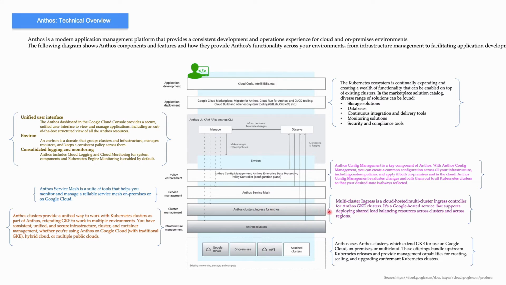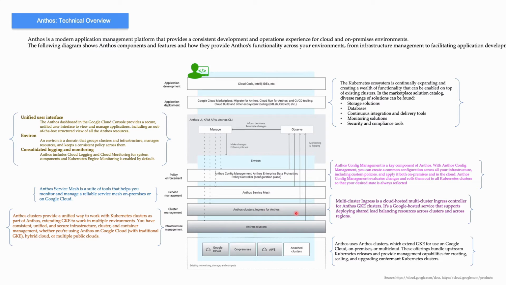What that means is you have the clusters, you can manage all of the different kinds of Kubernetes clusters, and then you have an ingress controller which can load balance the requests across all of the clusters.